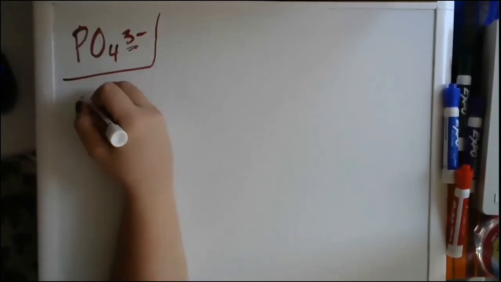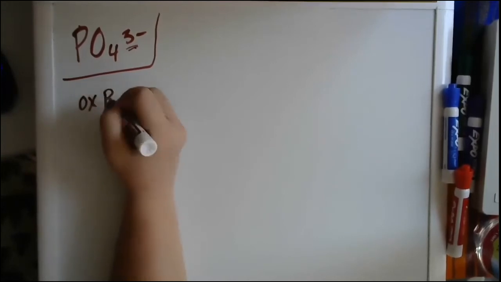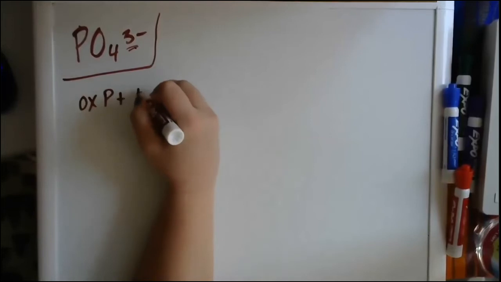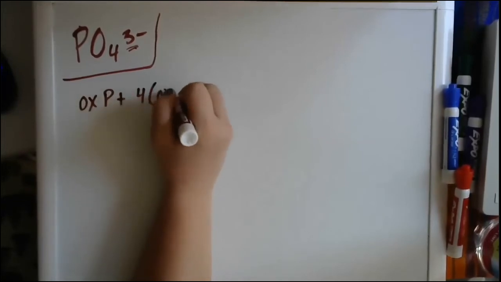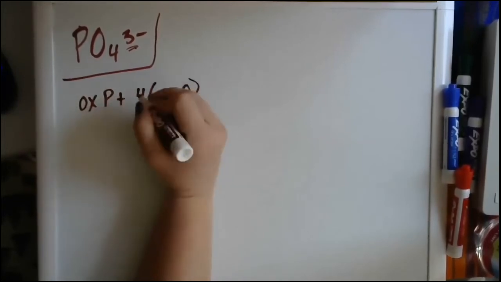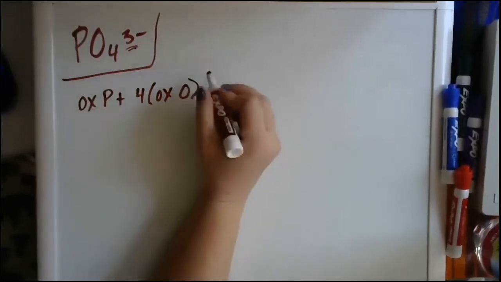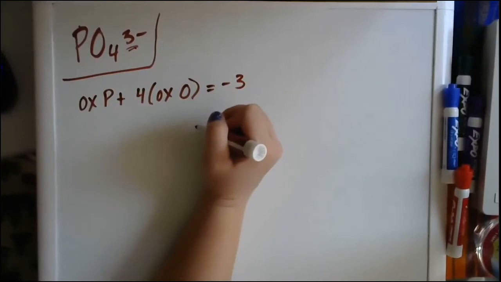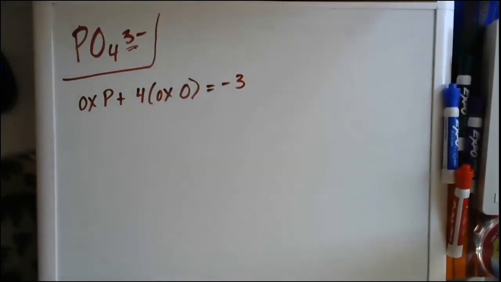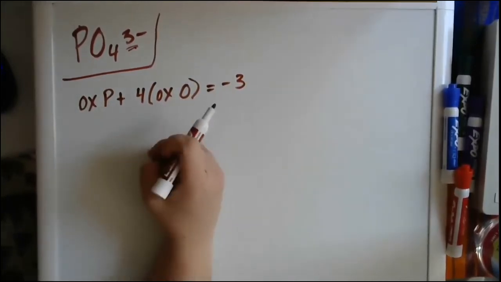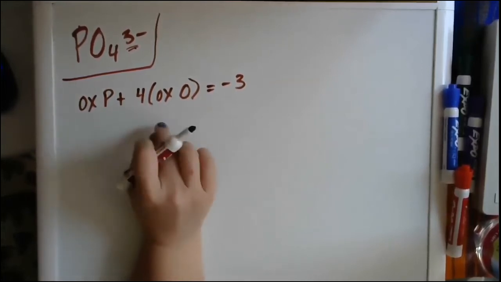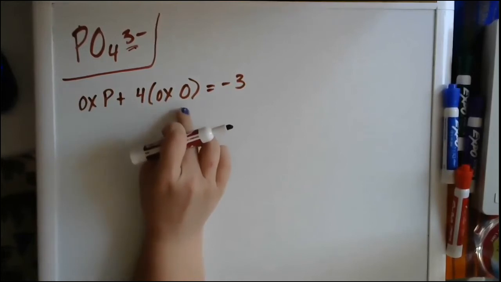Okay, so whatever my oxidation state of phosphorus is, plus I have 4 oxygens, so I'm going to have to do 4 times the oxidation state of oxygen. When I add these values together, I should get -3. Now from my list of rules, I can determine one out of 2 of these, right? I have a rule for oxygen.